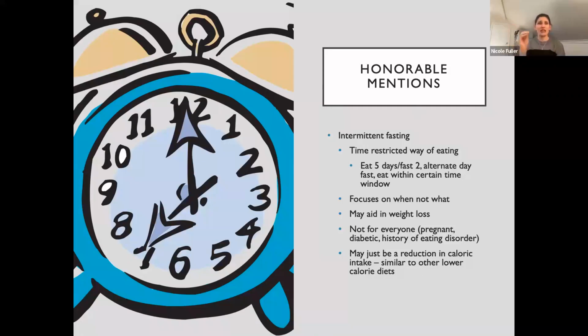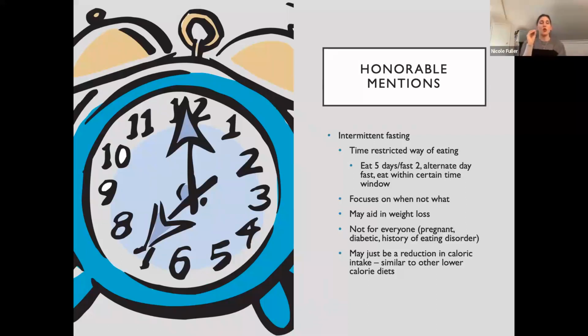Some people eat 5 days and then fast for 2 days, or you fast one day and eat the next. On the days that you're fasting, some say less than 500 calories per day. Some people eat within a certain time frame, right? So you fast 16 hours a day and then eat within an 8-hour period.